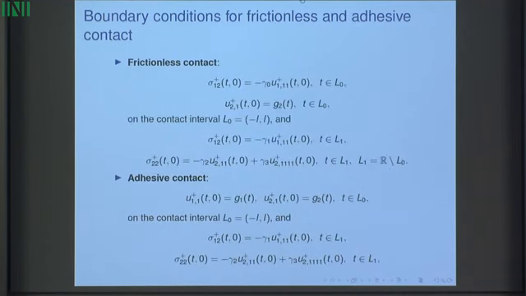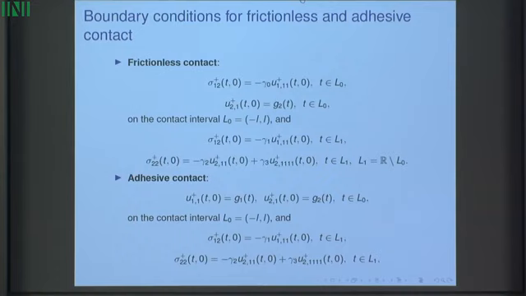That allows us to write the modified boundary conditions for frictionless and adhesive contact. Inside of the interval, we have this traction with the added Steigmann-Ogden energy, and we are given the derivative of vertical displacement. The derivative is more comfortable for me to use here. And outside of the contact interval, we have these conditions for stresses.